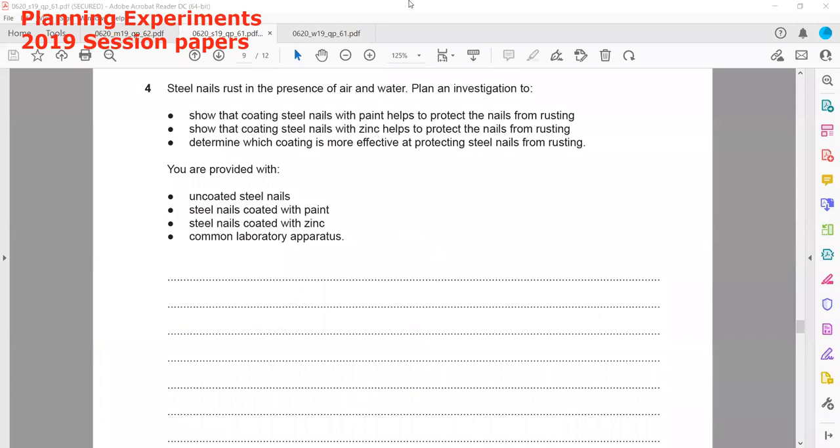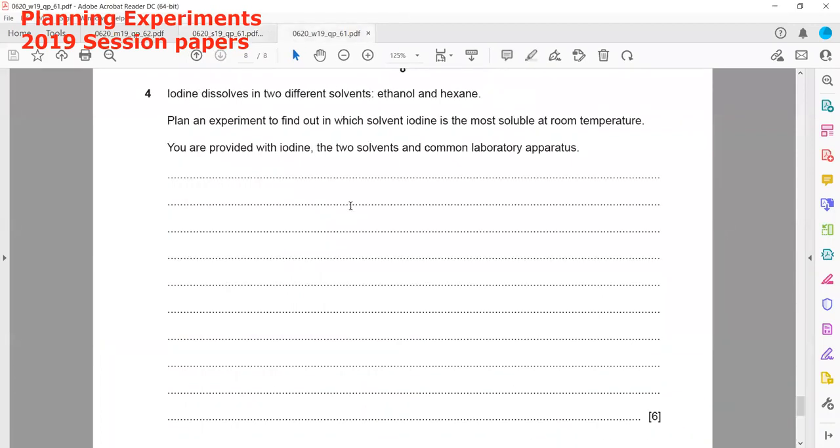Then another experiment is there from the October-November session: iodine dissolved in two solvents, ethanol and hexane. We have to plan an experiment to find out in which solvent iodine is the most soluble. Iodine is a black or purple crystal.